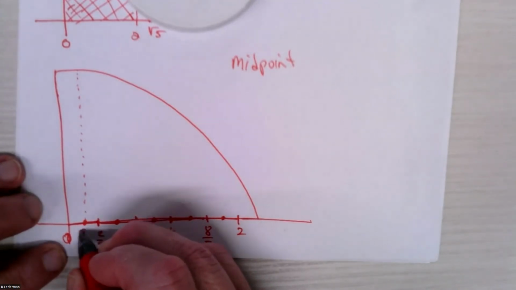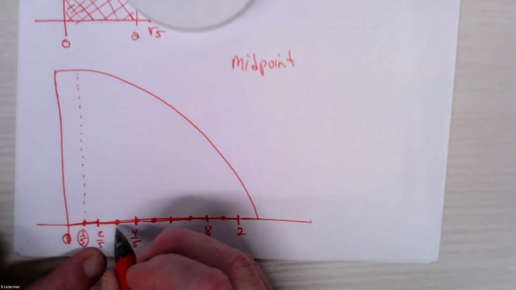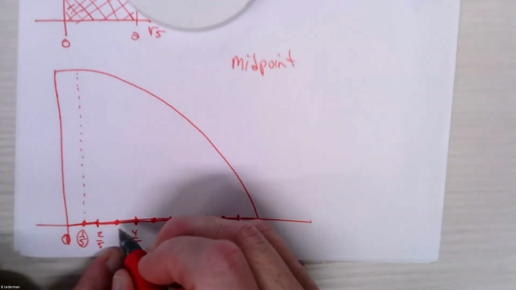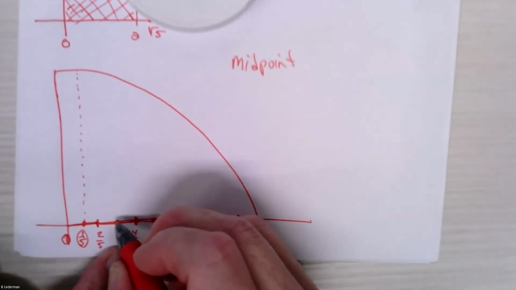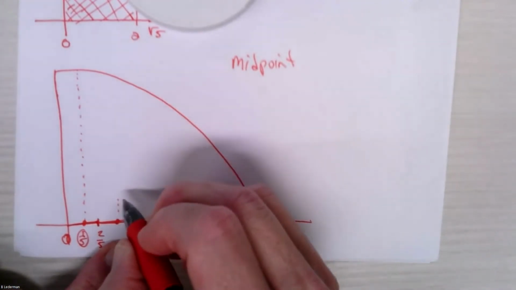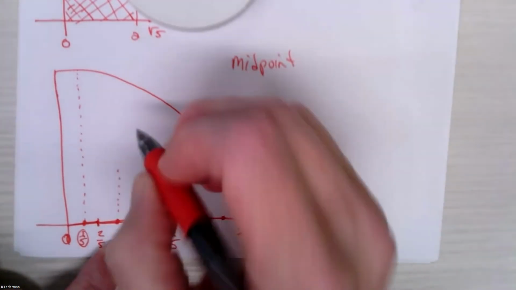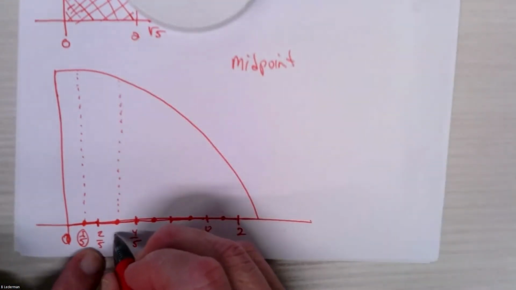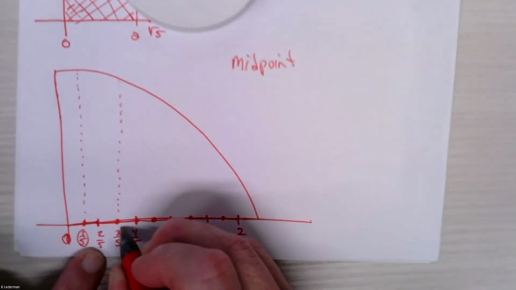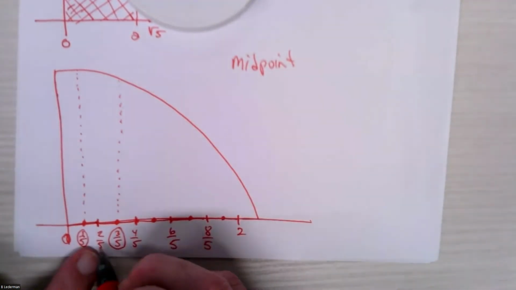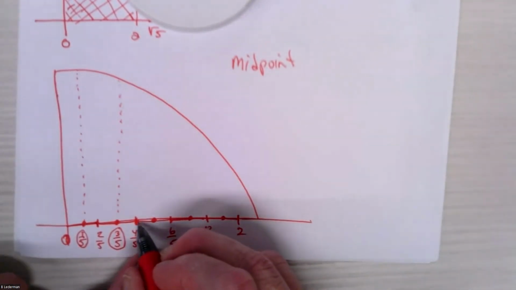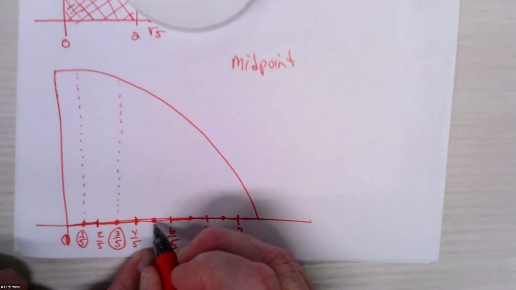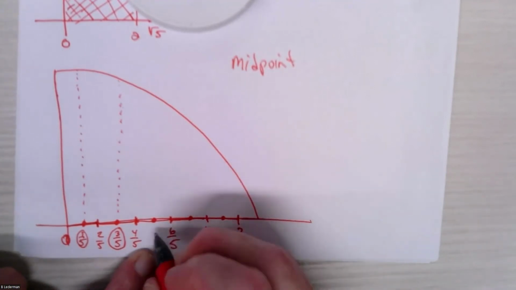Now I go to the midpoint of my second interval, and that midpoint is 3/5, because it comes right between 2/5 and 4/5. Then I go to my third interval. The midpoint there is 5/5, which is equal to 1.